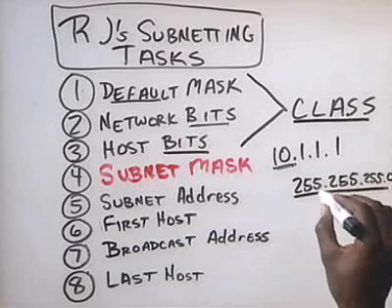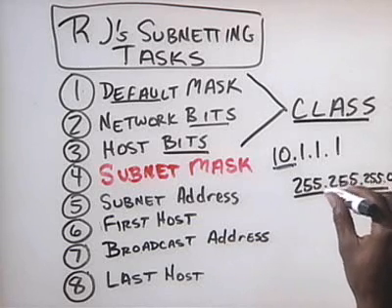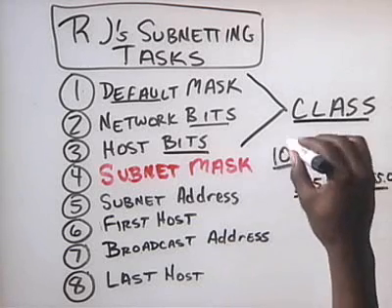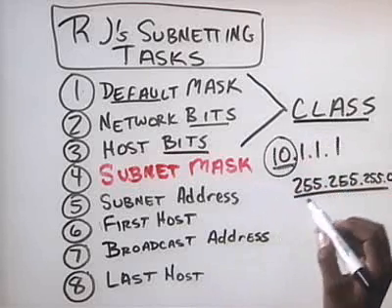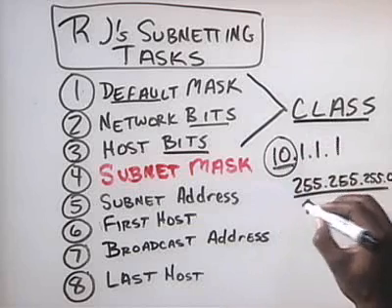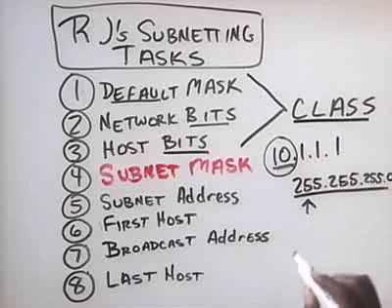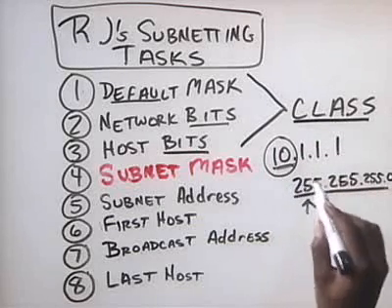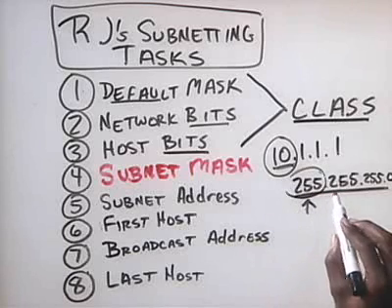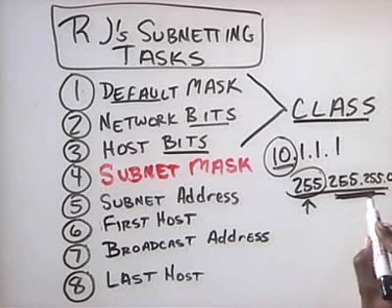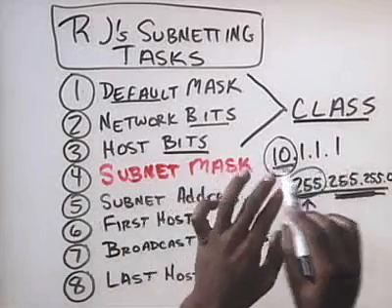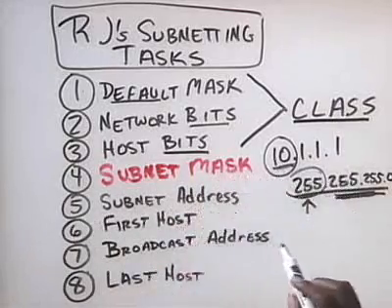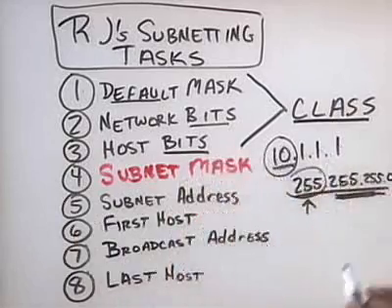The mask itself does not have a class. The class defines or determines the mask. So this is actually a Class A mask, if we were going to refer to that from the default, with 16 additional bits of subnetting. So this is not a Class C address because of this mask, nor is it a Class A address with a Class C mask.